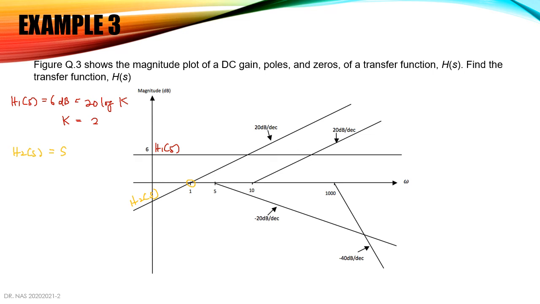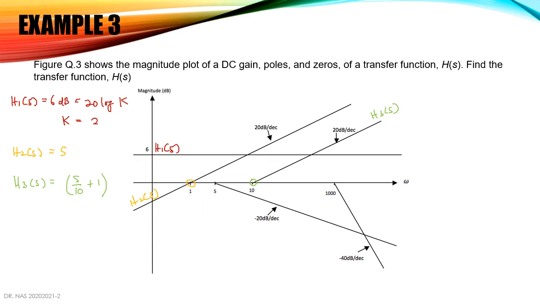Okay, next, look at the zeros at 10. You have one equation, zeros at 10, we call it H3(s). So in this case, H3(s) equals s divided by 10 plus 1. Okay, so you have completed the zeros part.